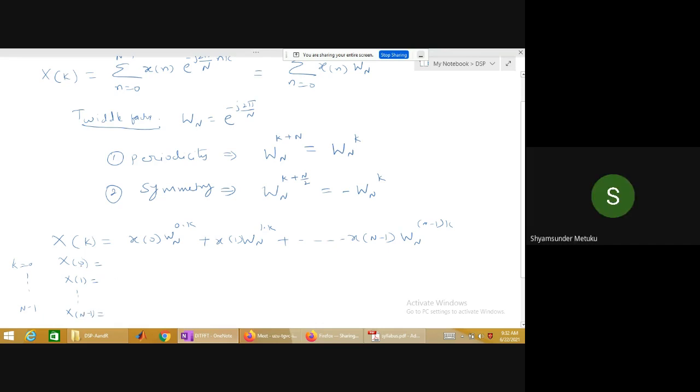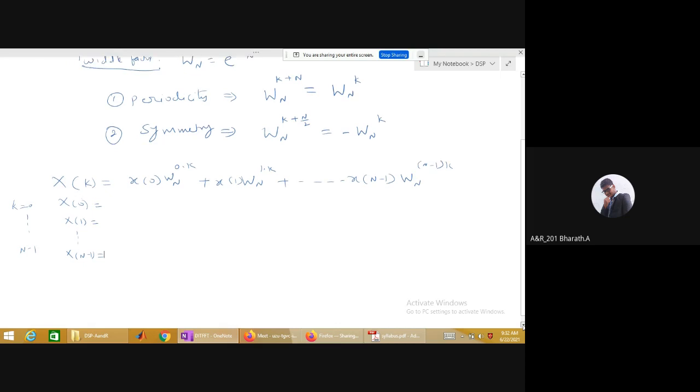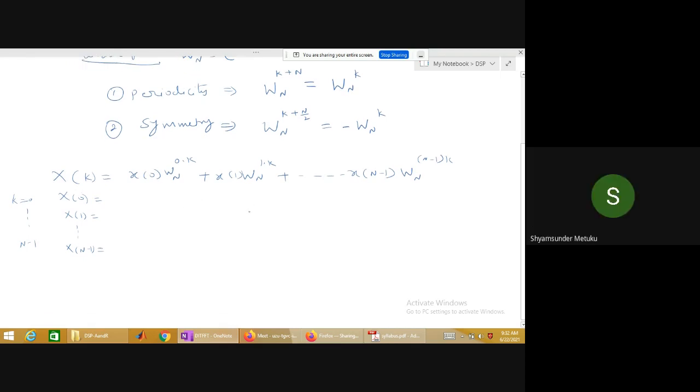To calculate one output sample, when k is equal to 0, how many additions and multiplications do you see? The number of additions for each sample is N minus 1. Very good. The number of multiplications for each sample is N.